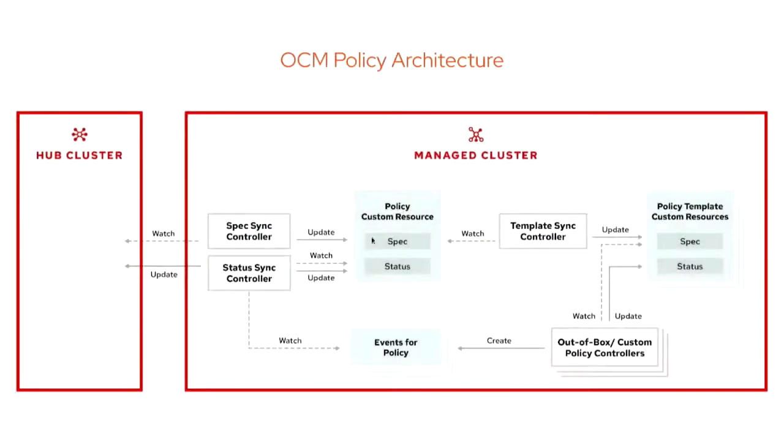On the managed cluster side, those policies are pulled down, and that allows you to process those policies on the managed cluster, which can be disconnected from the hub, like in disconnected environments. But when it is connected to the hub, it'll sync that status back over to the hub, so that you have all that status information on the hub.